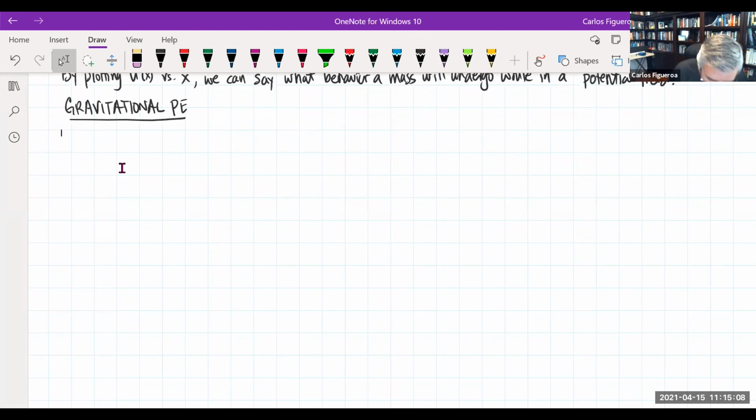When I think about the force picture, let's say that I'm going to drop a ball. Or let's say that I'm going to throw a ball up and the ball is going to come back down. So as an example, we're going to throw a ball up, and of course, it goes up and comes down.